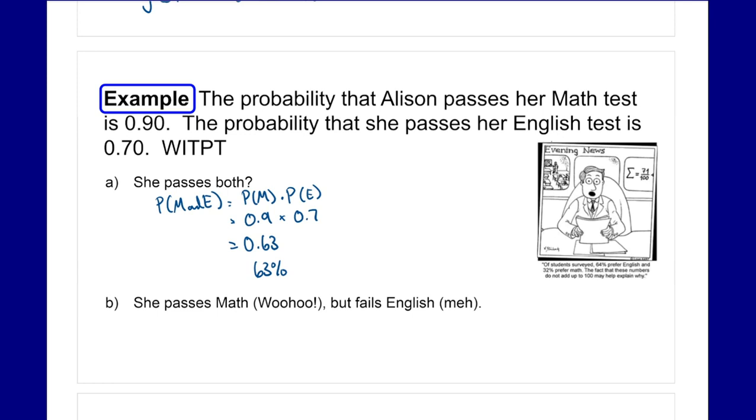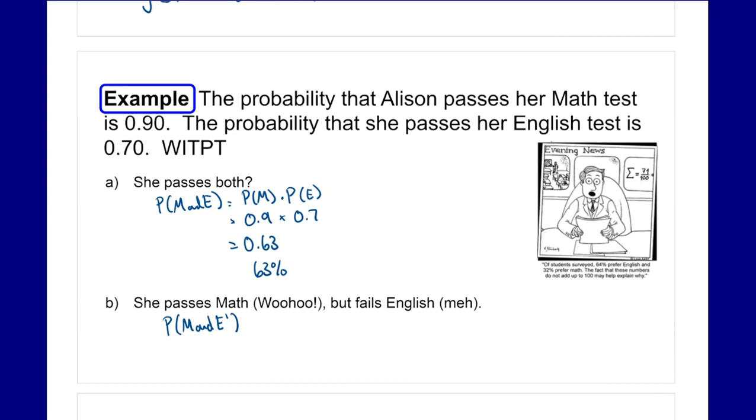B, the probability that she passes math but fails English. This one's a little different. So here we're looking for the probability of math and the complement to passing English, which means failing. We do have to do a quick calculation before because we don't know what the probability of failing English is.